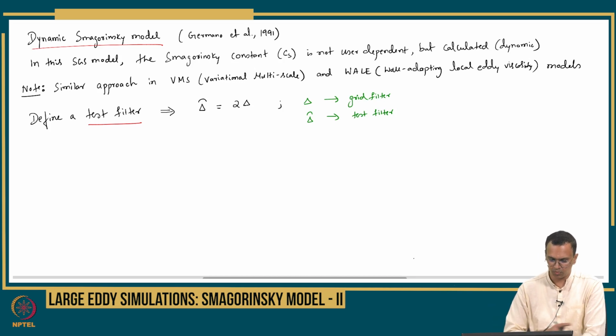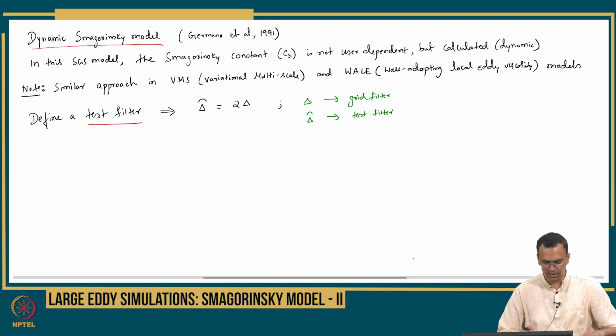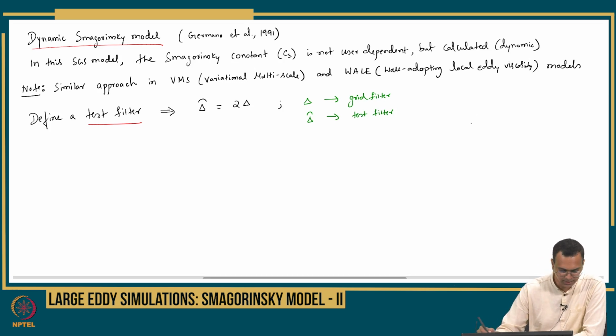Okay. So now why do we define this? We will see what advantages it would bring to compute that model constant eventually. Schematically, I can write this as, let's say I have a grid. I am writing this in 1D, say this is delta x.